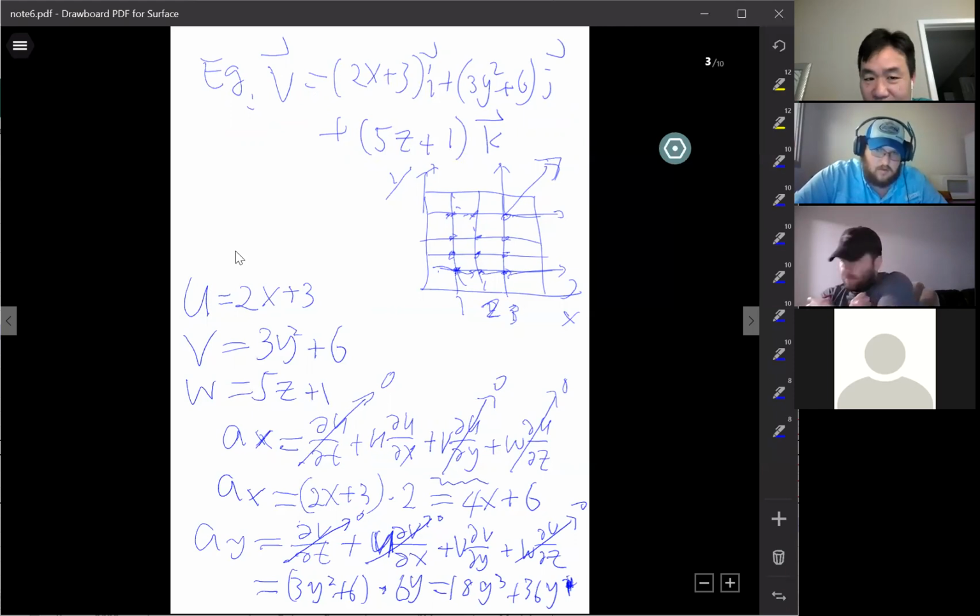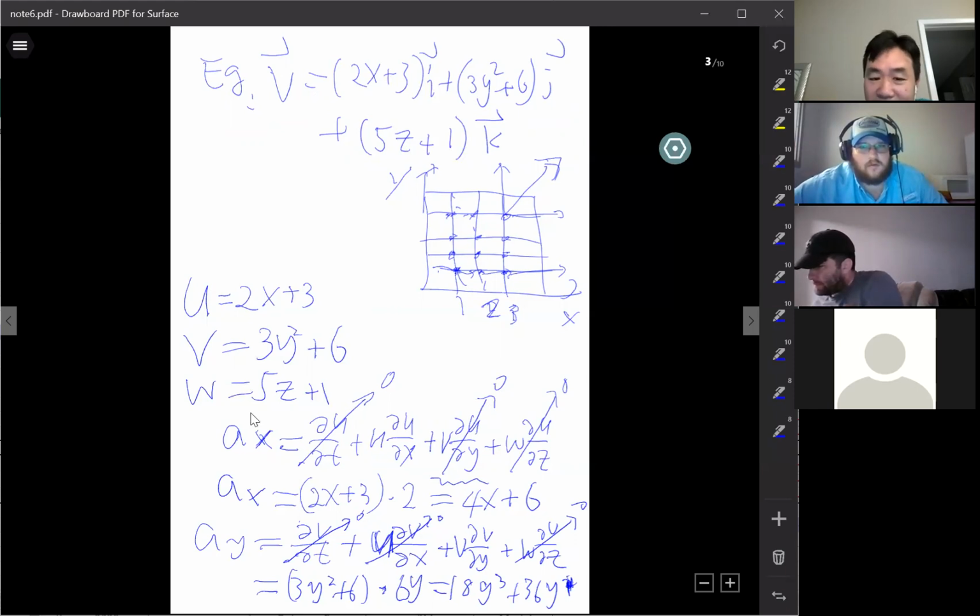So you have the expressions for u, v, w. Then acceleration is a piece of cake. Just take derivatives to give you the expressions for ax, ay, az. Then you substitute the x, y, z locations, and you can find acceleration at every point. At every point, you will have ax, ay, and az because acceleration is a vector. You have three components. You have to be really comfortable dealing with vectors.